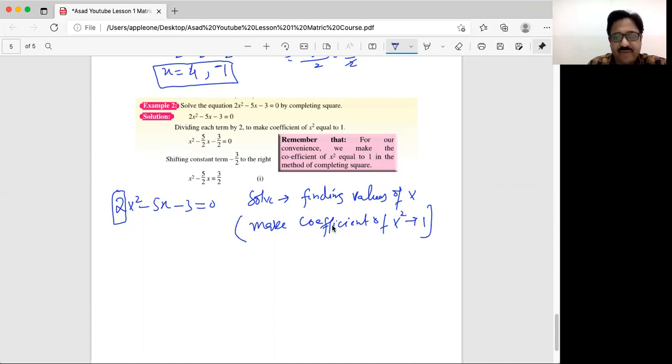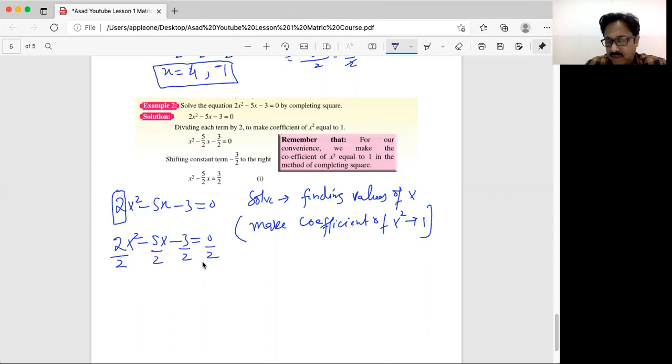How to make the coefficient of x square 1? If we divide here by 2, here by 2, here by 2, and here by 2.